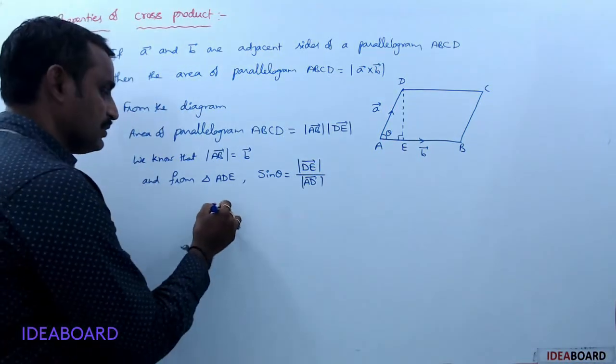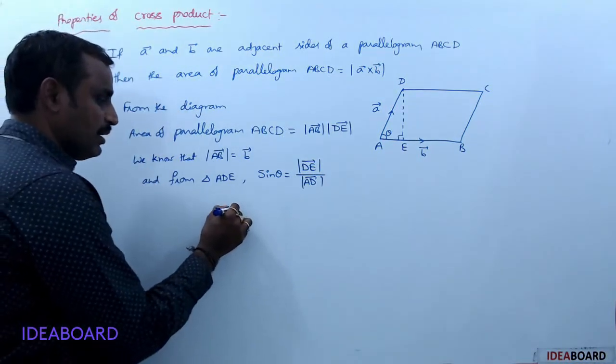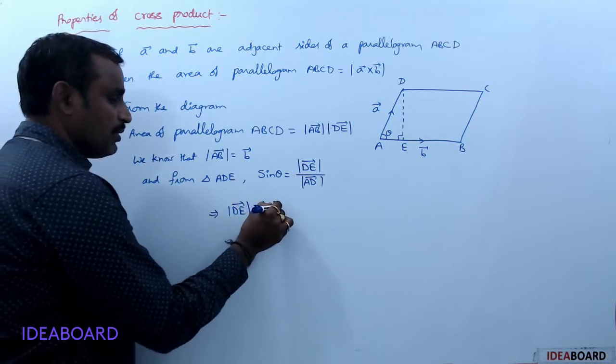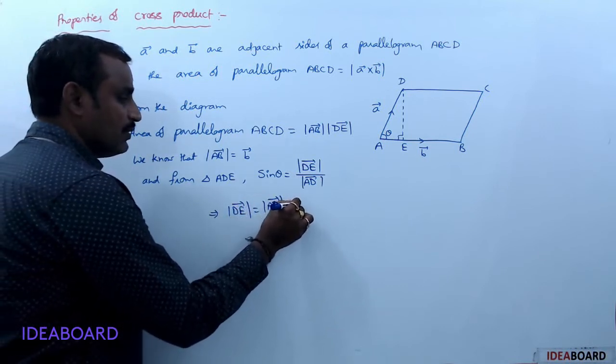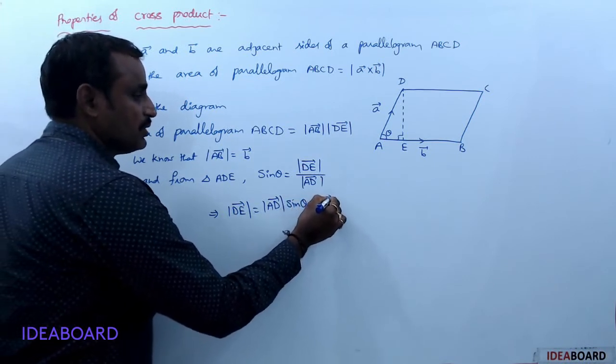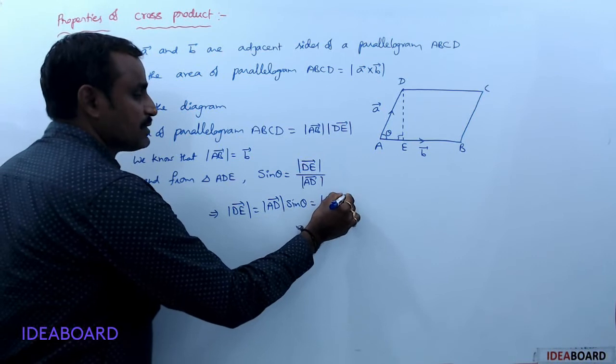From this, magnitude of DE bar is equal to magnitude of AD bar into sin theta. Magnitude of AD bar is A bar. So this is magnitude of A bar into sin theta.